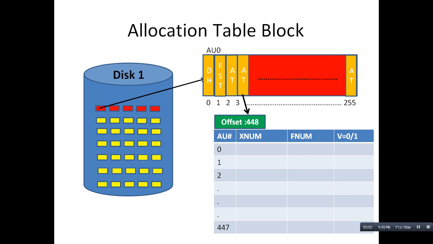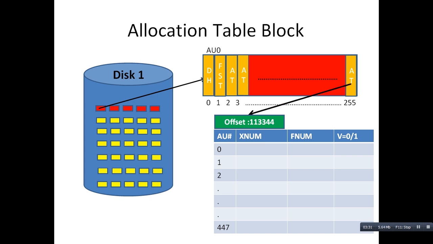In this slide, we can see that the offset value is 448, which means that block 3 of the allocation table addresses the first allocation unit 448, that is, allocation unit 448 is the first allocation unit addressed by this block.